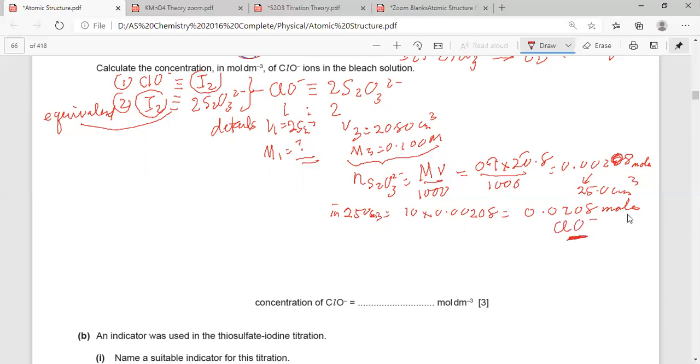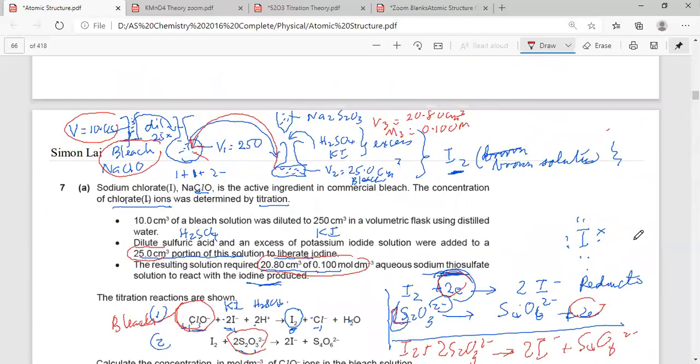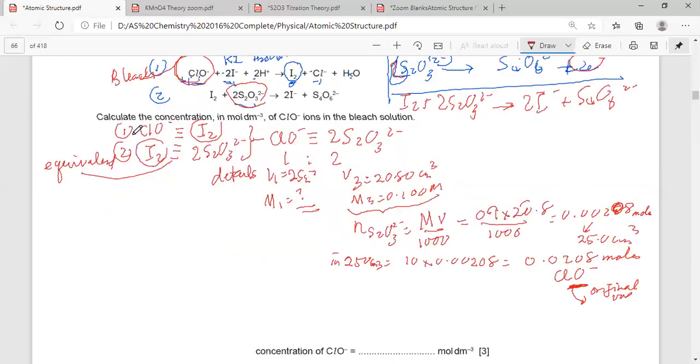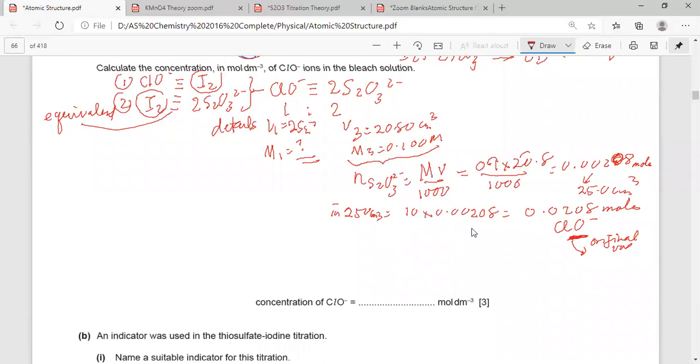Now this number of moles of your chlorate is found in what original volume? How much? 10, is it? So this number of moles is inside here. So the actual volume is found in your 10 cm³ of solution.